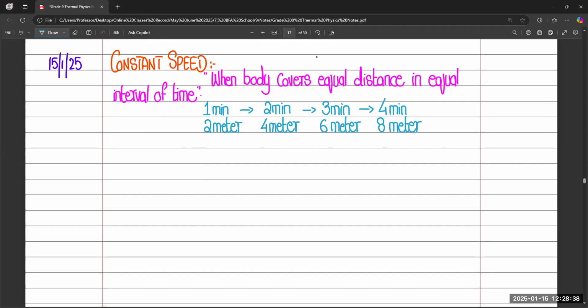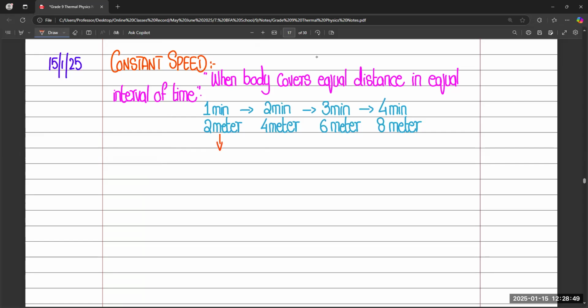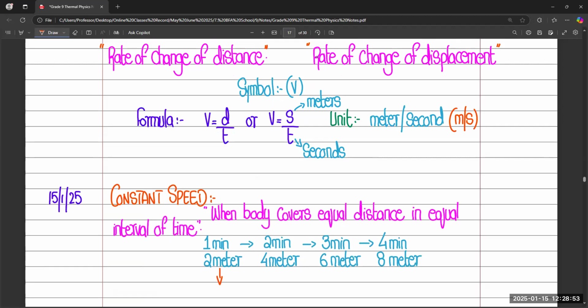Let's suppose we find the speed from all these values, all these data set values. From the first one, we can use the formula of speed, which we discussed: speed is equal to distance upon time.